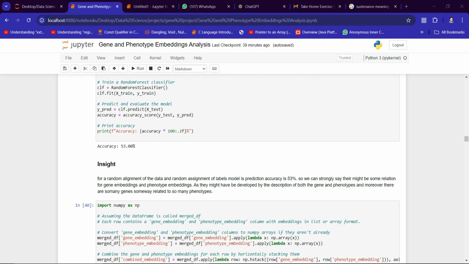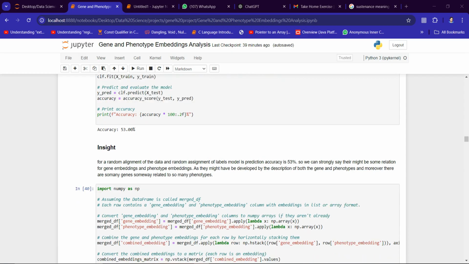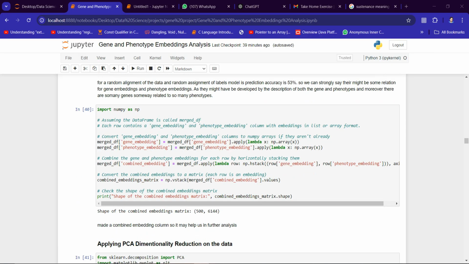So we can strongly say there might be some relation between gene embeddings and phenotype embeddings, as they might have been developed from the descriptions of both the genes and phenotypes, and moreover there are so many genes related to so many phenotypes. So that is an insight here.